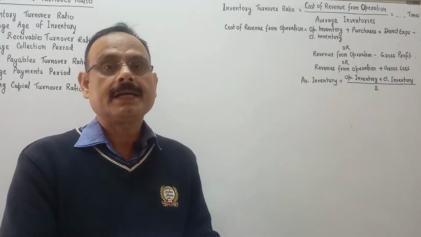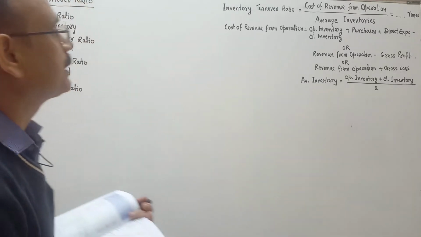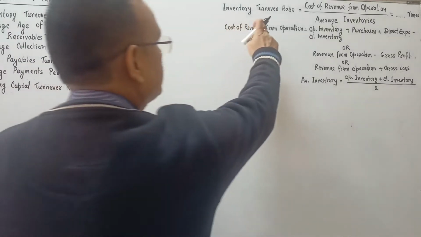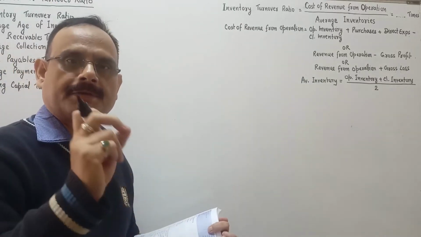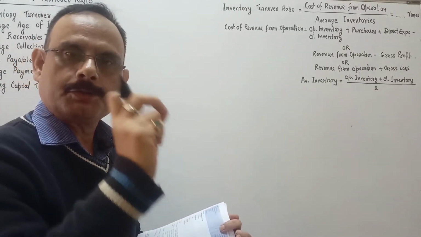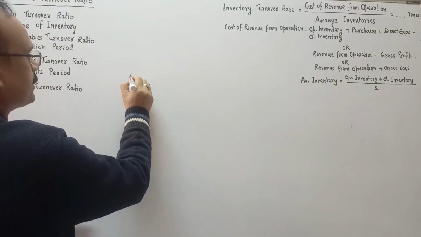So to calculate the inventory turnover ratio, we know the formula of inventory turnover ratio is cost of revenue from operation upon average inventory. First of all, you write this one.